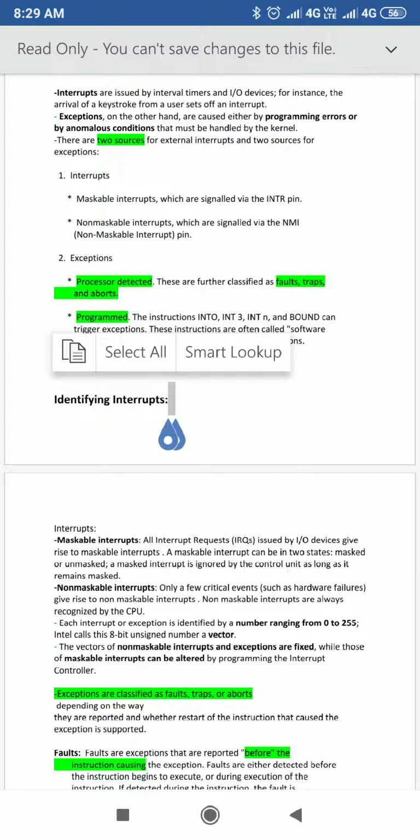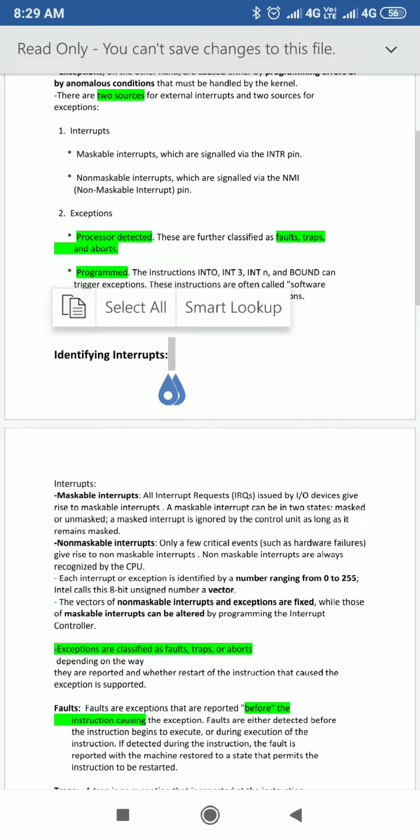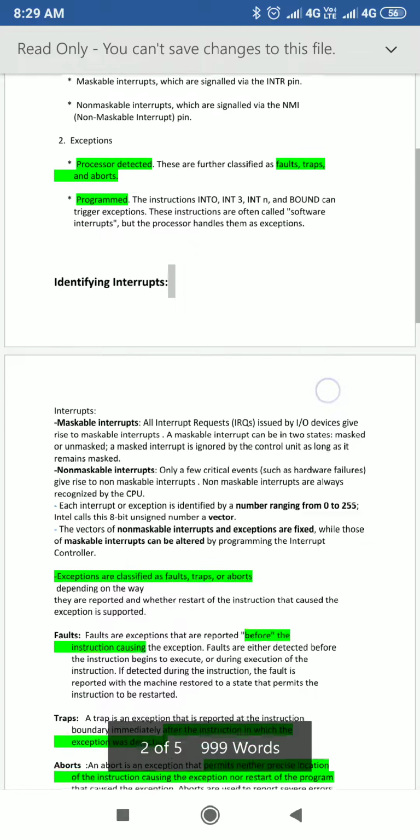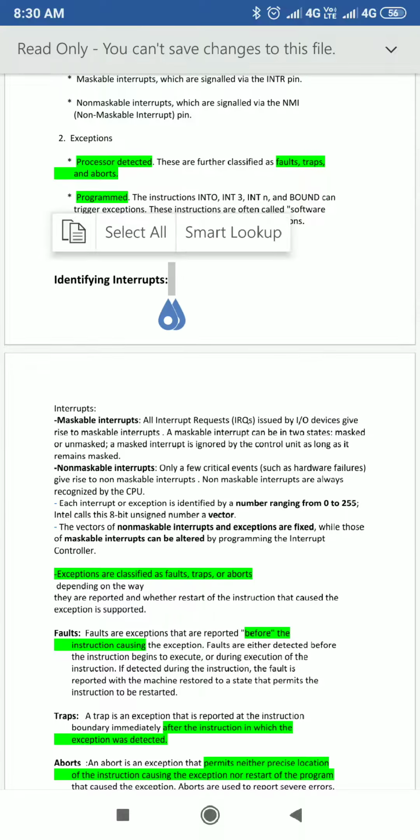Now, you just have to remember 3 points in this, on how to identify interrupts. Remember in the form of an example, when an interrupt occurs. Suppose at the very first step your processor is executing some particular instruction. The second step is that an interrupt occurs. The third step is that the processor has to stop and service the interrupt.